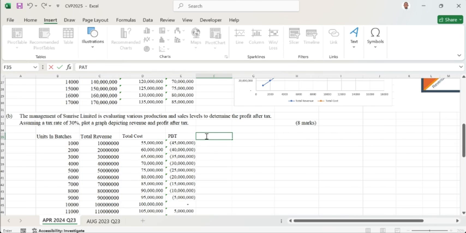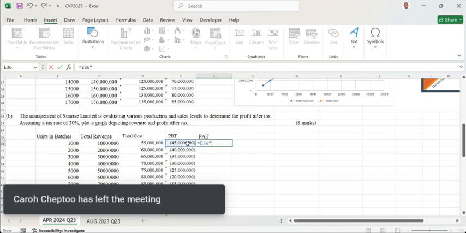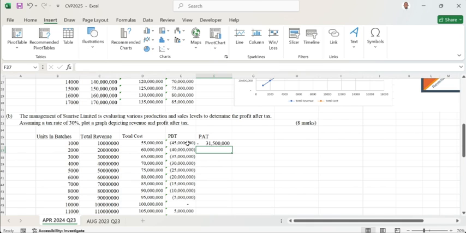Then we drag it like that. Now remember what they want is to plot a graph depicting the revenue and the profit after tax. So this is profit before tax.